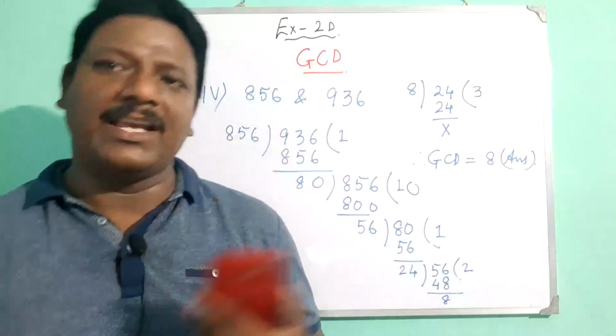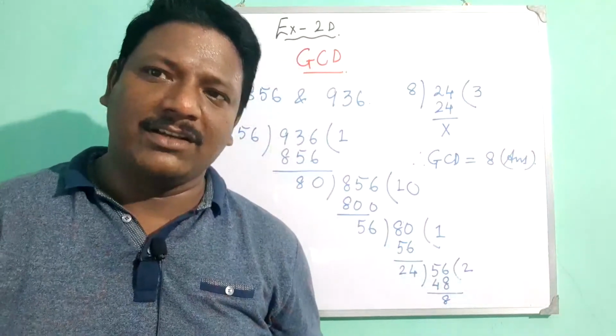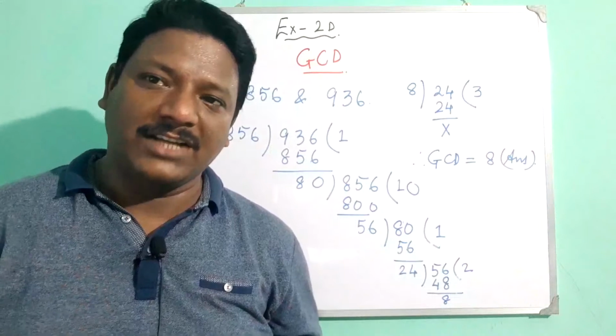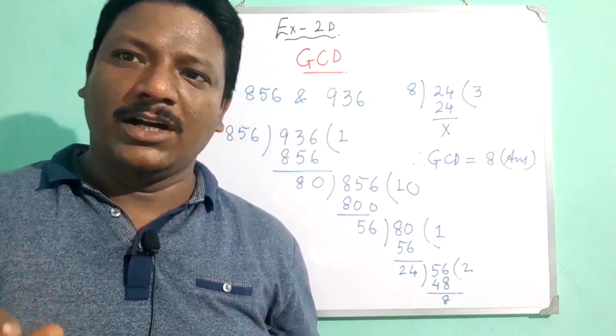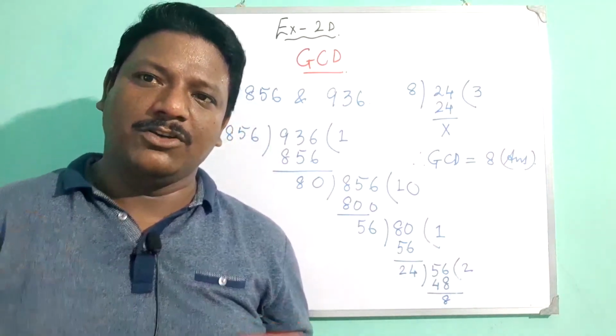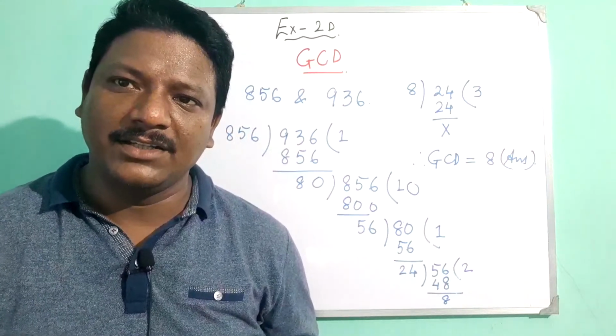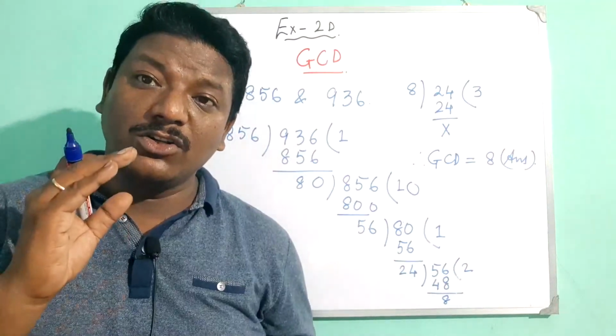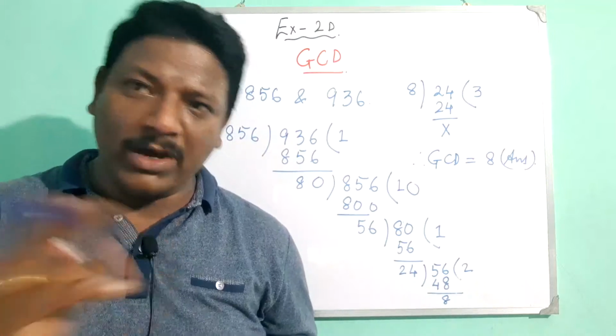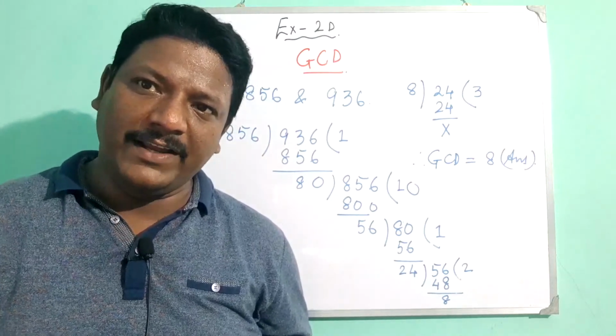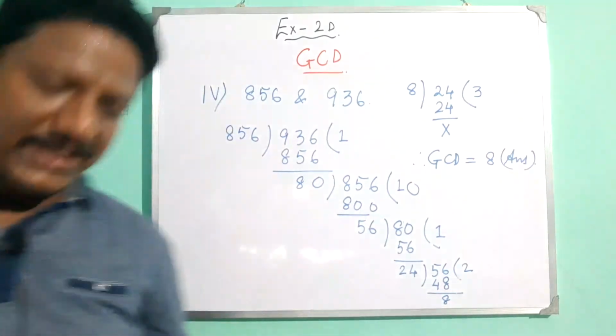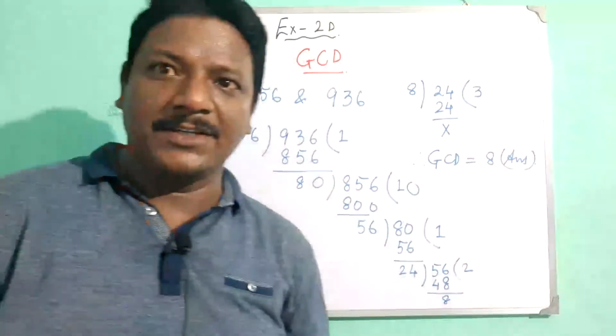Either you can find it with the help of division or with the help of factorization. Amrita, very good, you also got the answer. So you can use any one of these two methods. You people are clever.